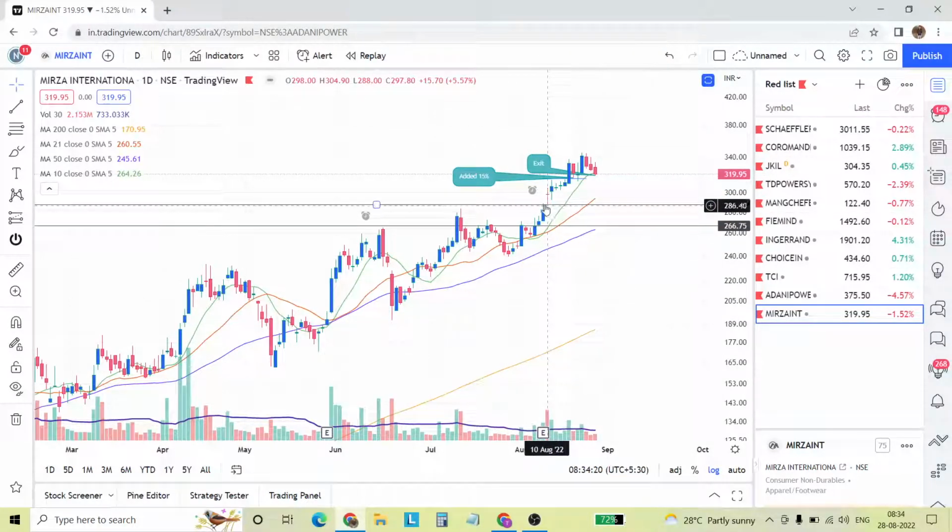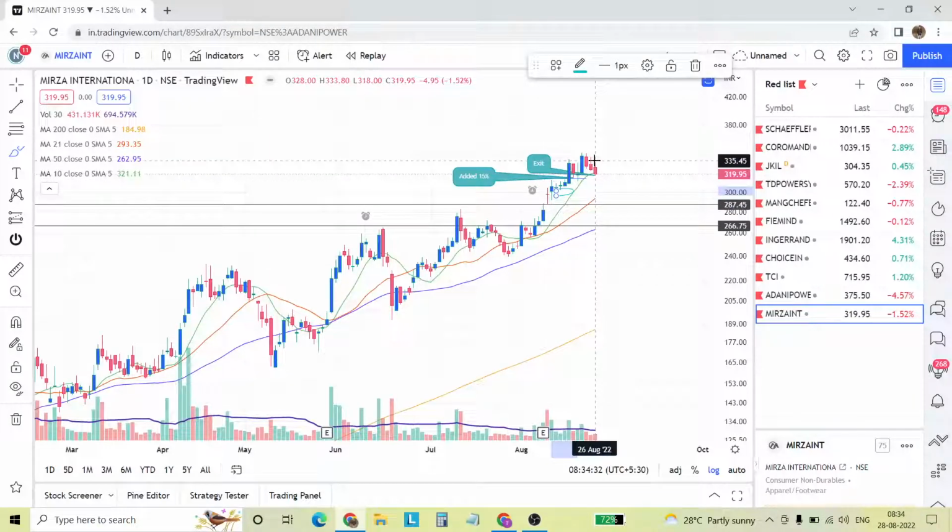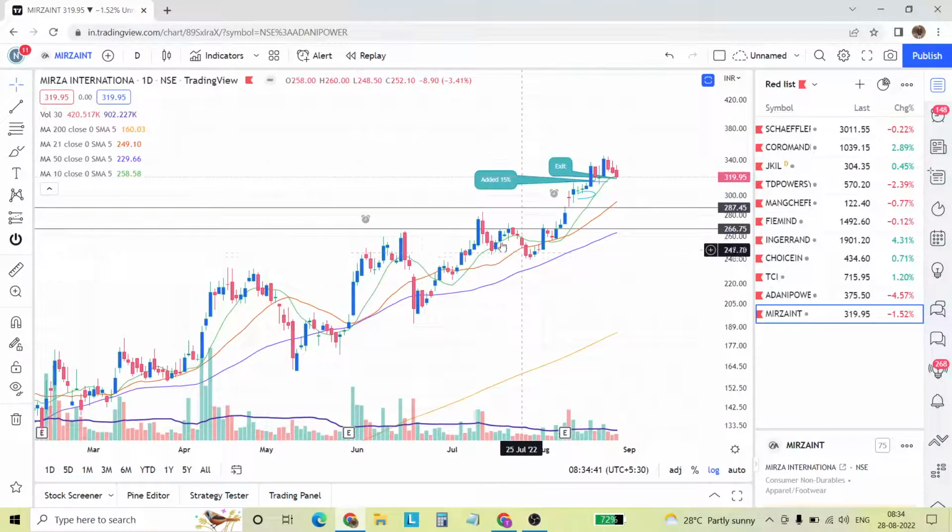It broke out, then formed a tightening area, and when it broke out again I added around 15% of my original position, and I waited. It did go up. It is trying to consolidate here, and I'm not looking to wait around for consolidations, because I'm looking to rotate my money from one stock to another and compound my gains.